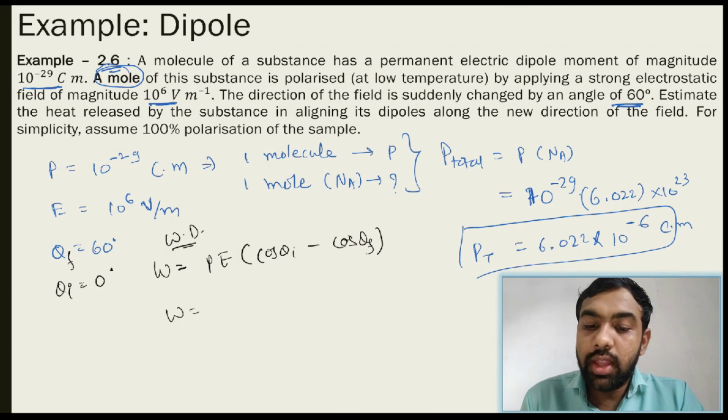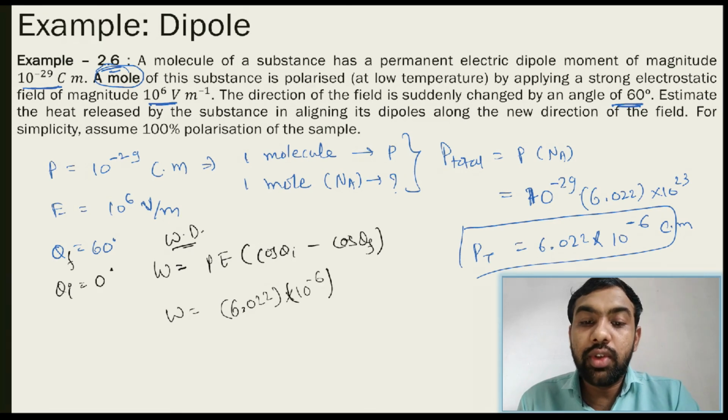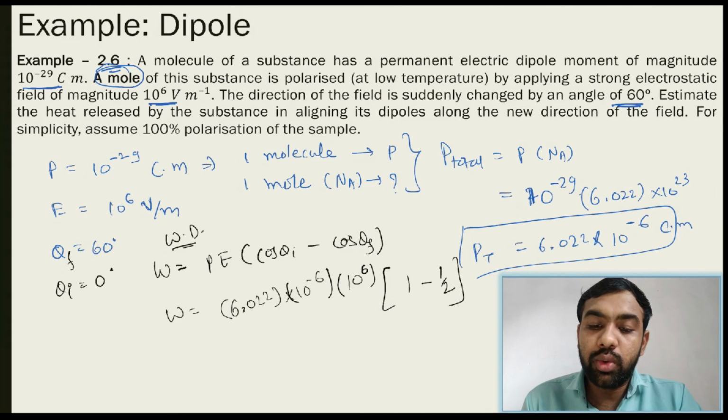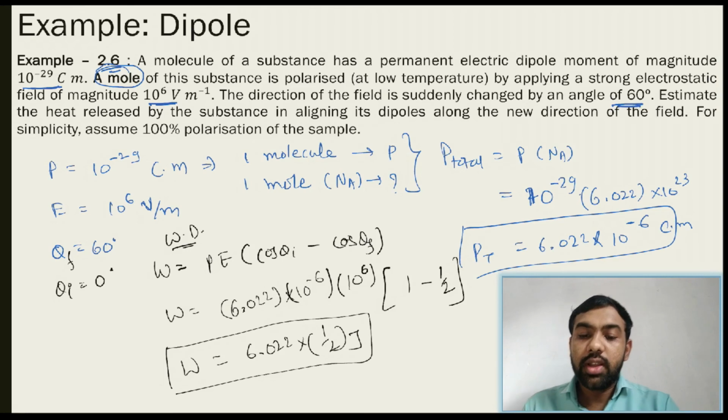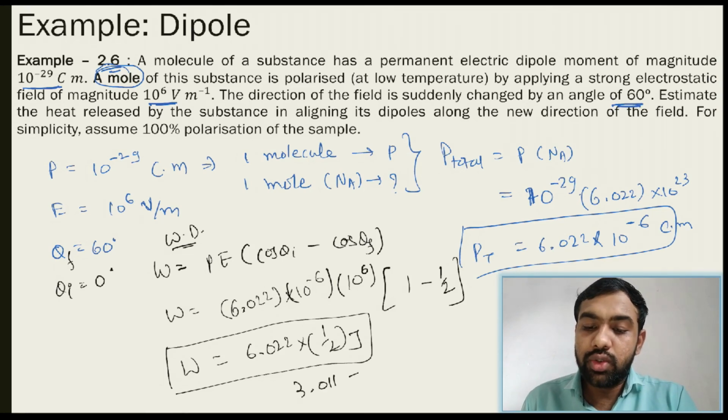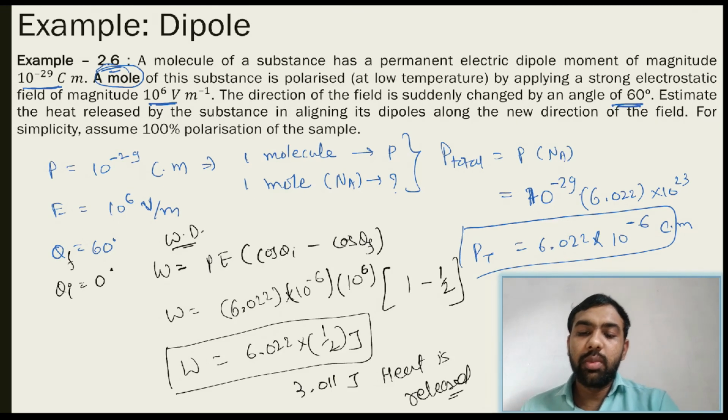W is equal to 6.022 into 10 raised to minus 6 times the electric field 10 raised to 6, times 1 minus cos 60, which is 1 by 2. So the answer is 6.022 times 1 by 2 joule. This much work is required, so this much heat is released: divide by 2 and 3.011 joule comes. This is our answer.